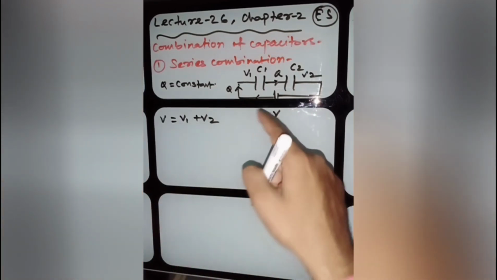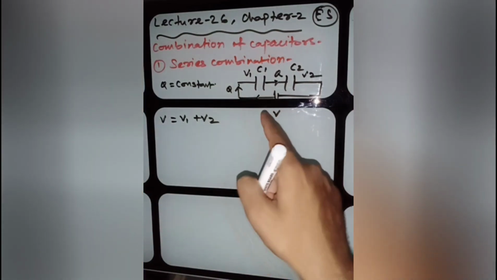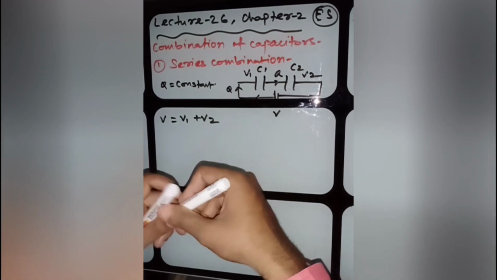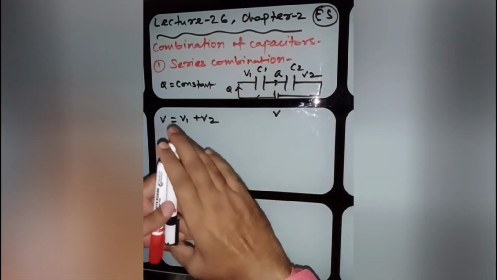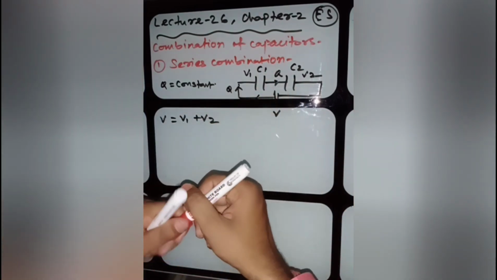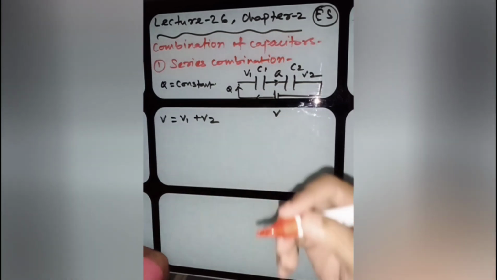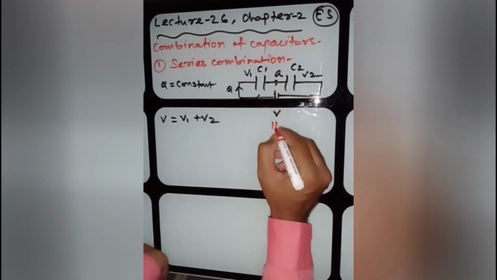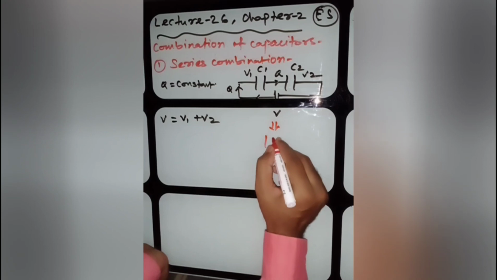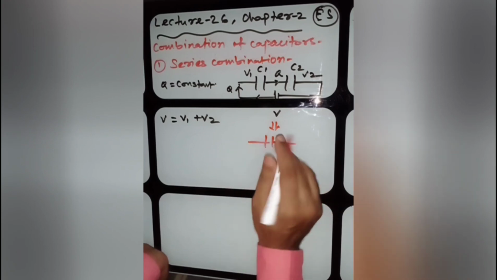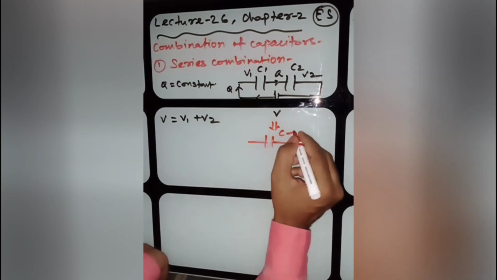For this particular derivation, what is our aim? Our aim is to find out whether we can have one capacitor on behalf of these two capacitors. Let us suppose we have one capacitor, and we will call its capacitance C equivalent.